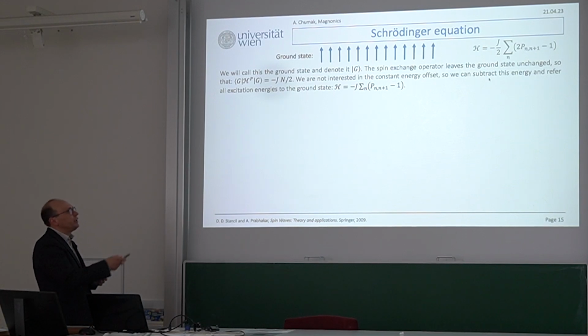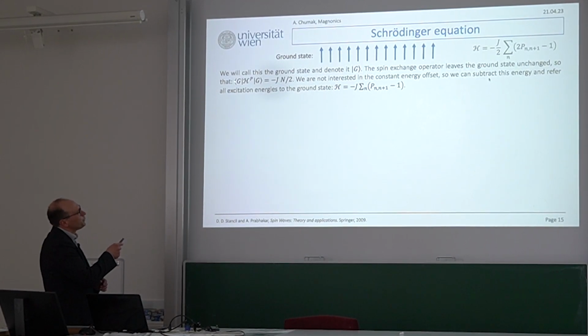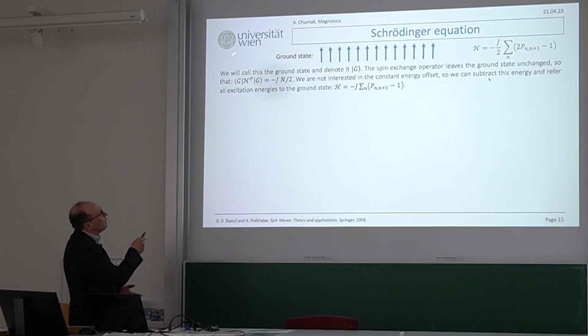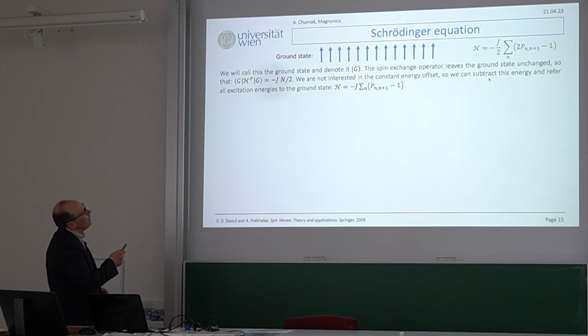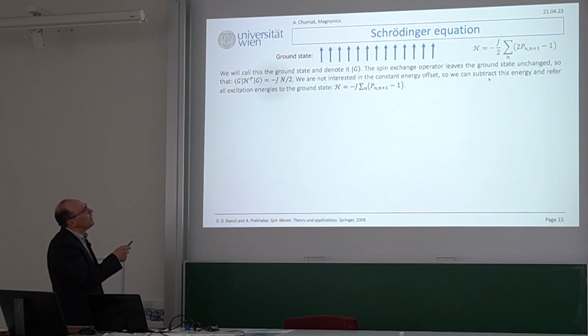No exchange interaction, so the exchange interaction is happy and principally equals 0. So how to define this operator, this part, which is more or less the energy when our system is in the ground state.